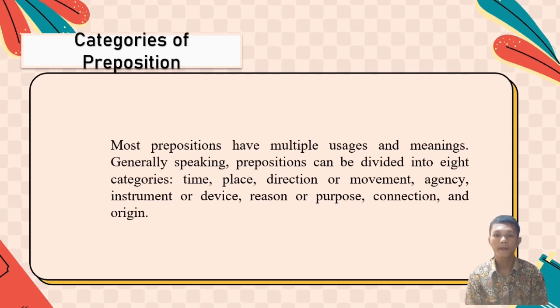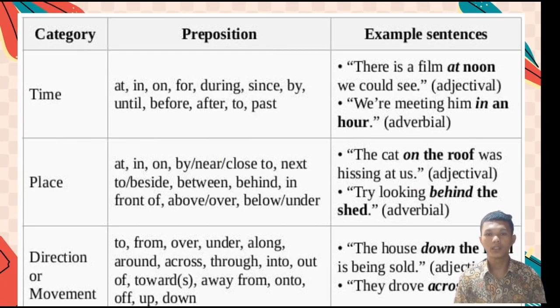Ya, sekian dari penjelasan saya termasuk dari kategori preposition. Dan kategori itu dari slide itu jenis kategorinya, contohnya itu yang pertama waktu. Bagian prepositionnya itu at, in, on, for, during, since, by, until, before, after, to, past.